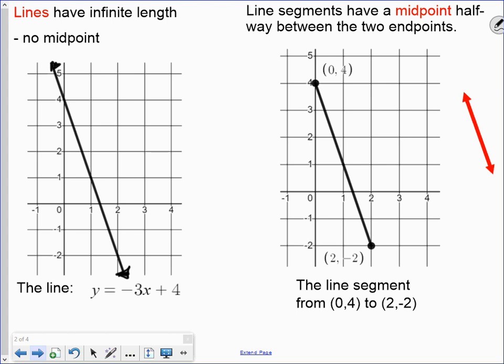Any point that you pick has an infinite length of line on either side of that point. Line segments, on the other hand, which have a definite beginning and end, so this is the line segment from 0, 4 to 2, negative 2, they have a midpoint that is halfway between the two endpoints. So for this line here, our midpoint here is at 1, 1.